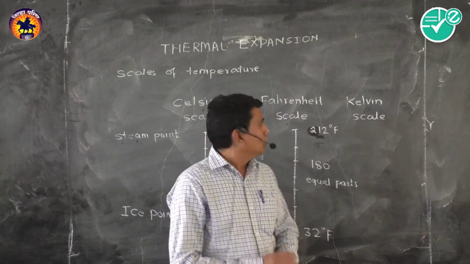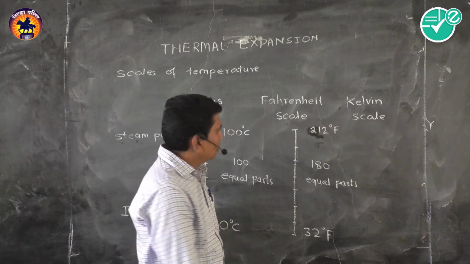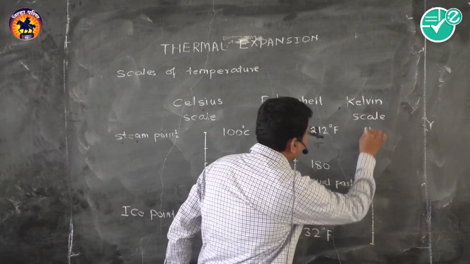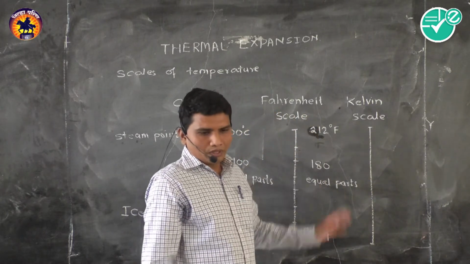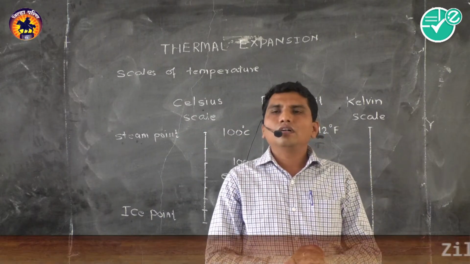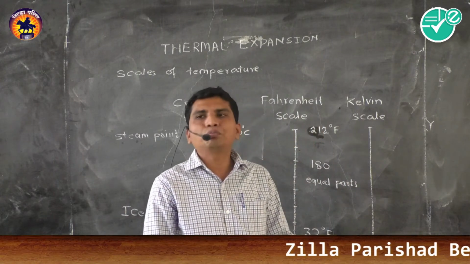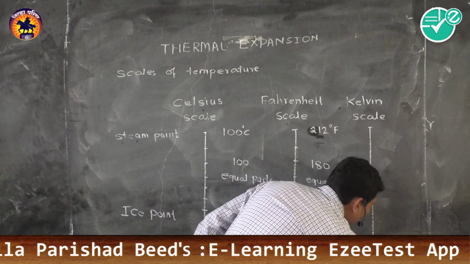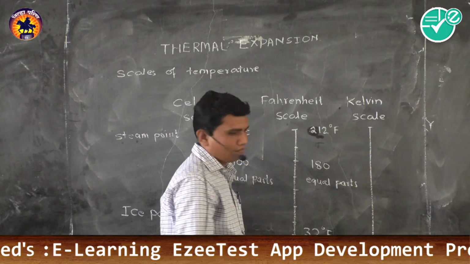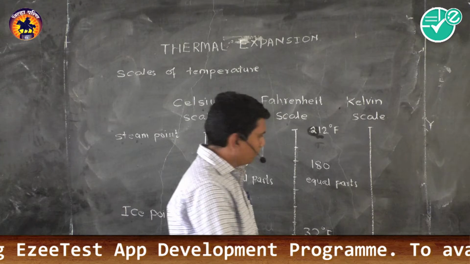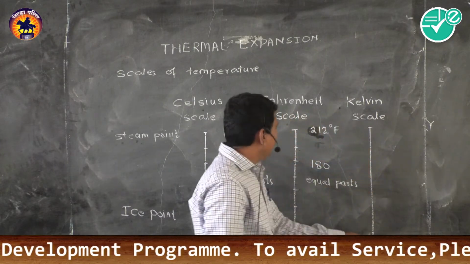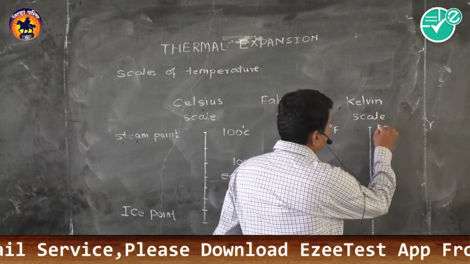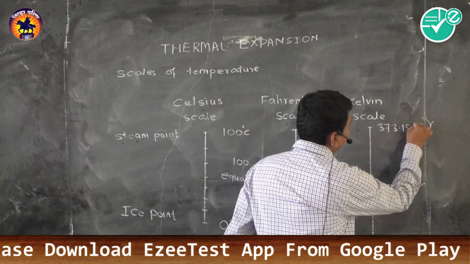The third scale is Kelvin scale. You have to remember here that on the Kelvin scale, the ice point is marked as 273.15 Kelvin, and the steam point is marked as 373.15 Kelvin.